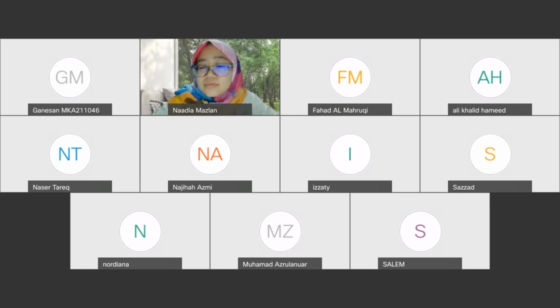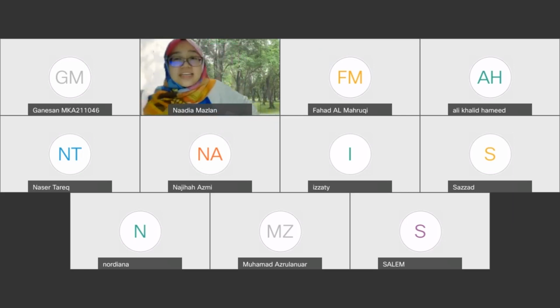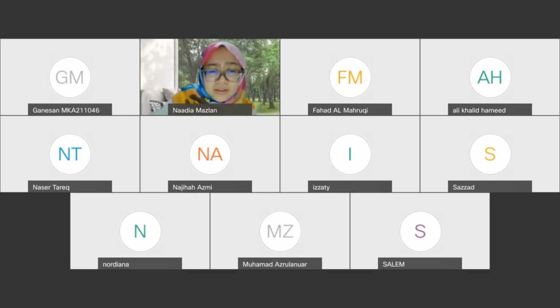Still a bit confused about the difference between spontaneous and discretionary financing. Spontaneous means that every time, I think. Remember? Let me open it up back.